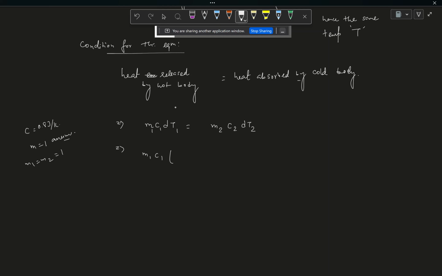It is the temperature change in this equilibrium process of the hot body. The hot body is going from initial temperature T1 to the final temperature of T, obviously because it will release heat, so this final temperature T will be smaller than T1. So you will get the temperature change as T minus T1, right?